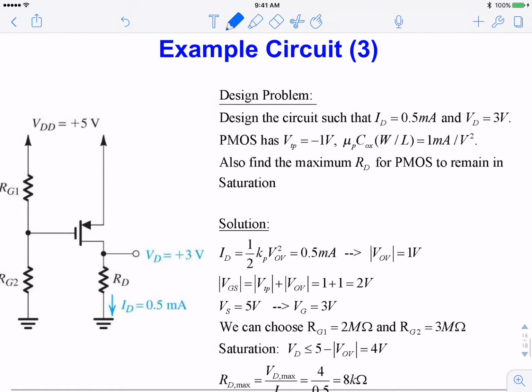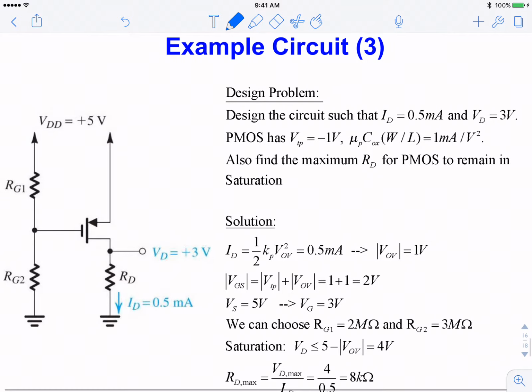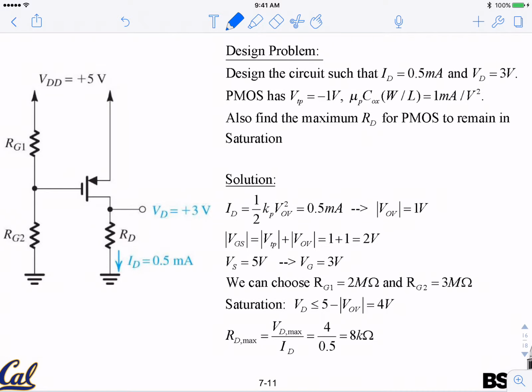So we have just one example for PMOS, and let's trace this example here. This is a design problem. Recall that the source is on top and the drain is at the bottom. We want to design it such that 0.5 milliamp steady state current flows through it, and we want the bias voltage at the drain to be 3 volt.